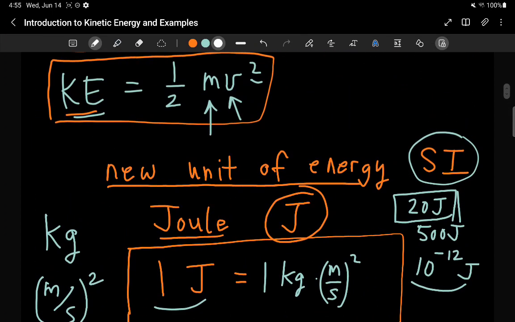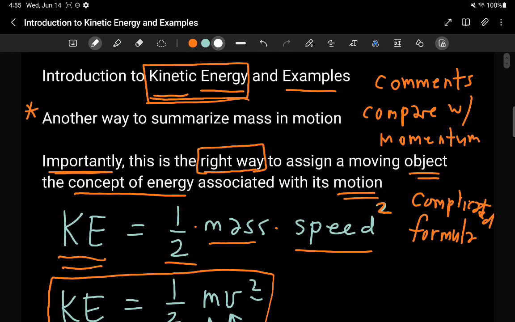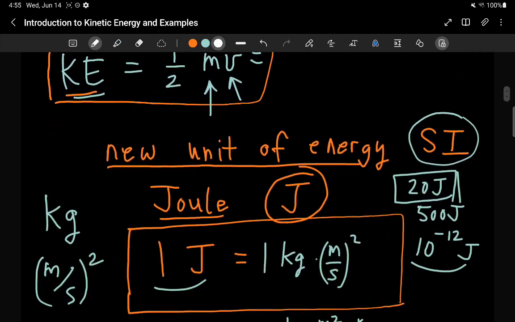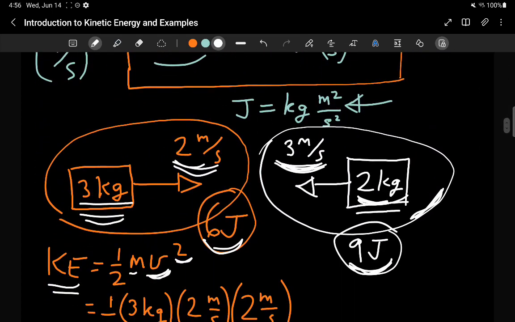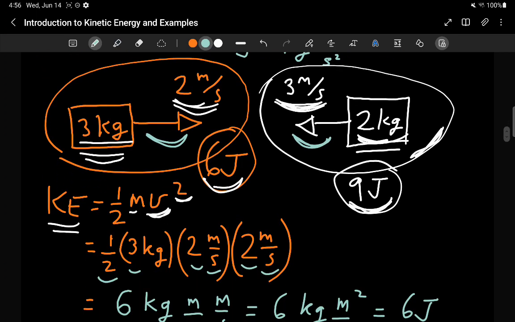So up here I said that there was an interesting comparison to make with momentum. If you look at these two objects and think about momentum, remember momentum is just mass times velocity. First thing you'll notice about these two objects is they have opposite directions of motion, so they will have opposite momenta.